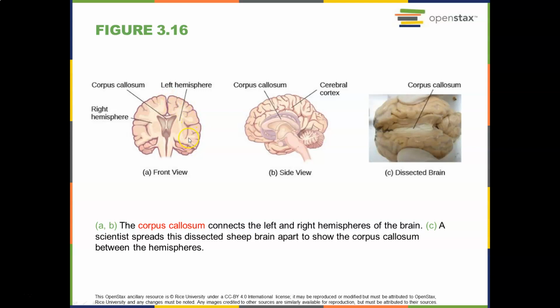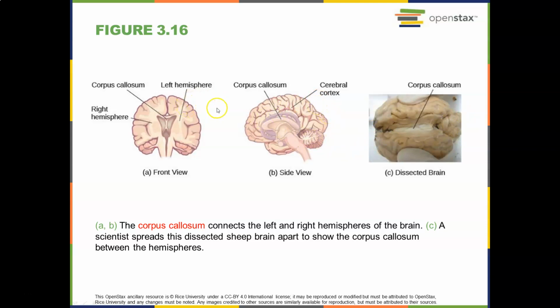What's important to understand is that both of those hemispheres are connected by a little area right here. This is called the corpus callosum. This is the little area of nerve fibers that allows the two hemispheres to communicate with each other and to work together.